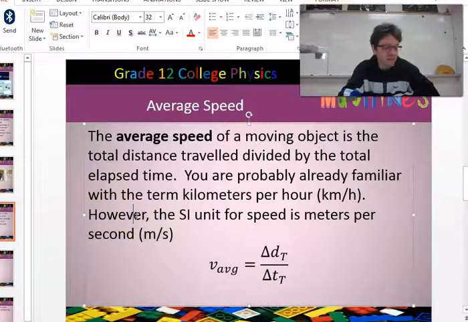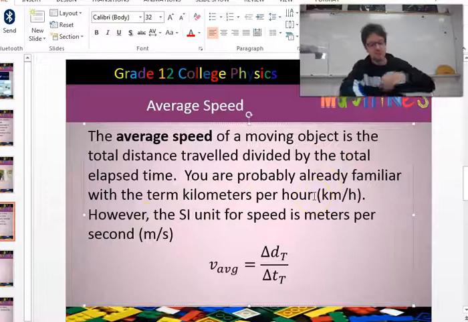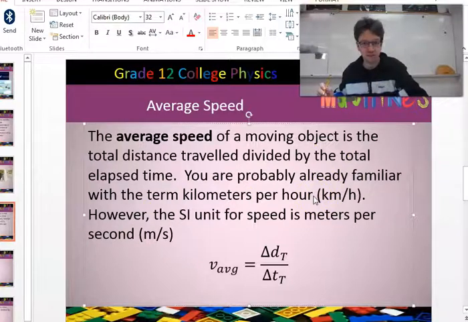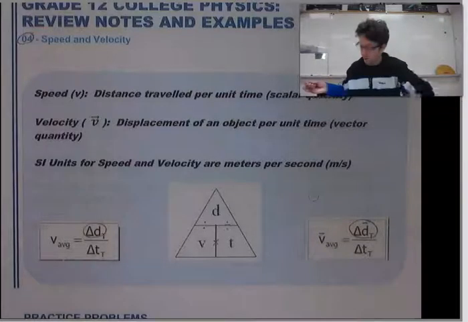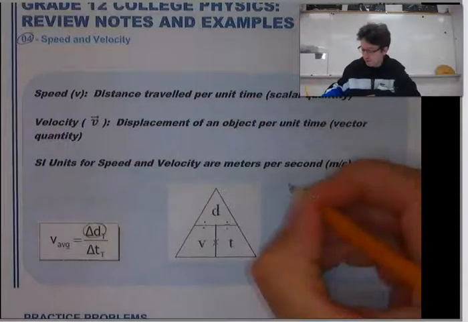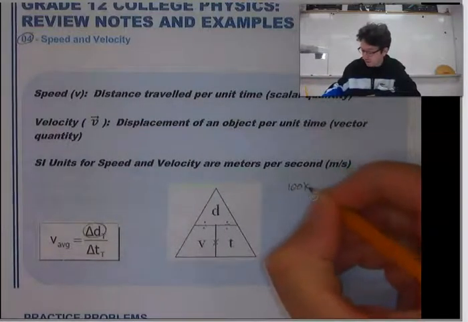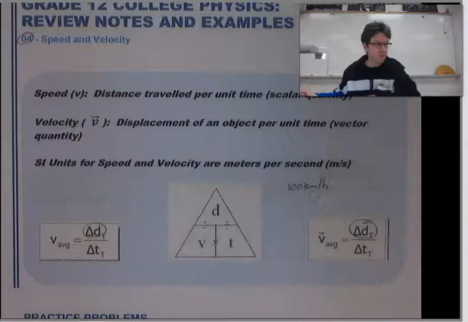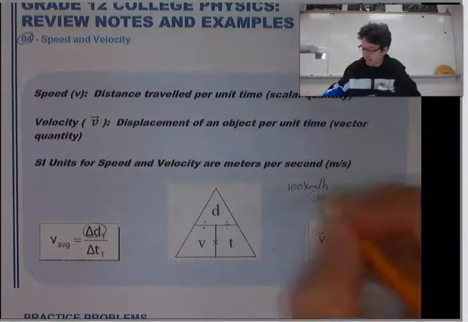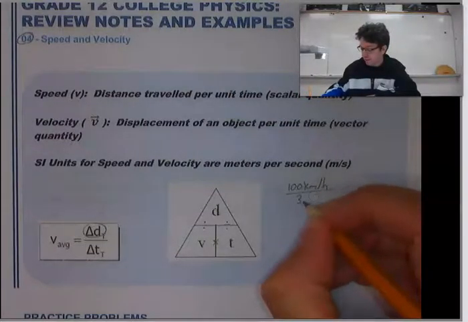You remember during the math skills lesson, we learned how to convert one to the other. So if you want just a recap on that, if you have, say, 100 kilometers per hour, say a speed limit on a highway, and you want to know how many meters per second that is, divide by 3.6.